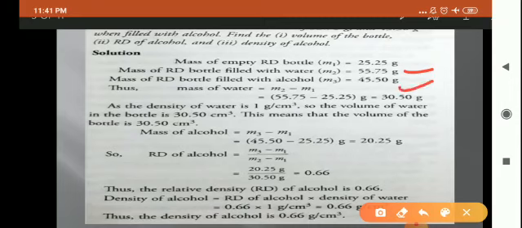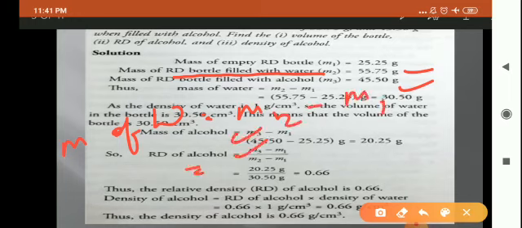Now suppose from M2, if you want the mass of the water, then what will you do? Mass of the water is equal to M2 minus M1, means from the combined mass of bottle plus water, you are going to subtract the individual or empty mass of the bottle.